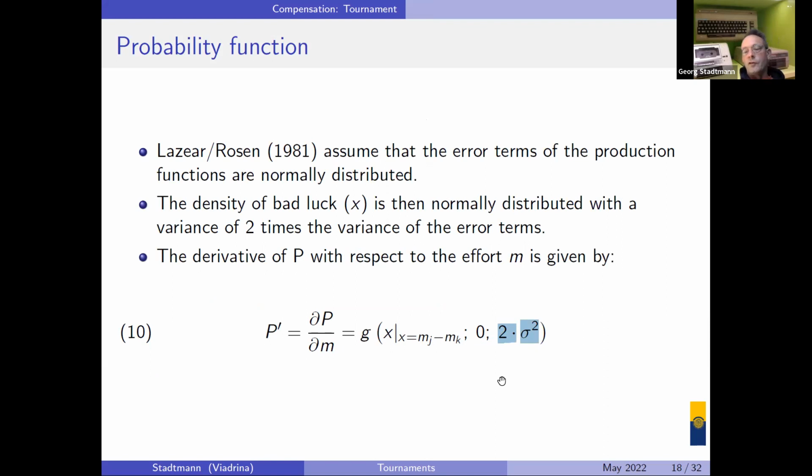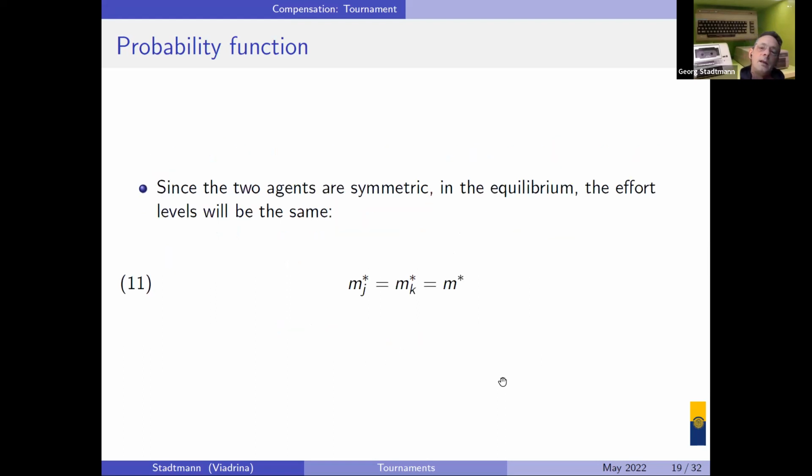This is a small detail, and later on it will not pop up anymore. So, slide number 90, we arrive at another important assumption, that the two players are symmetric, and therefore in the equilibrium the effort levels will be the same, mj equal to mk equal to m star.